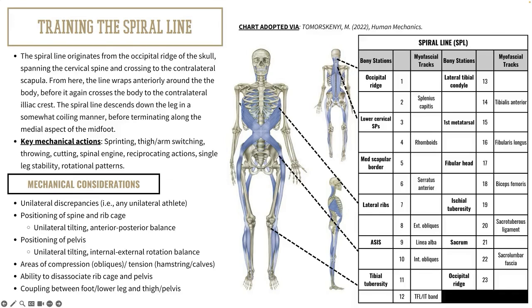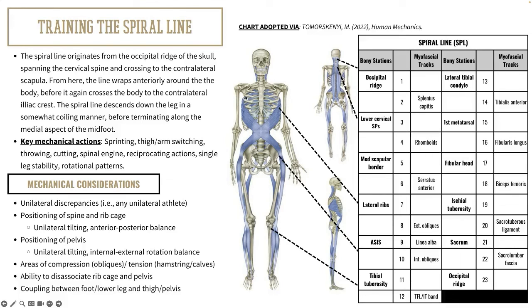So again, where the first 3 primary fascial lines all have insertional points on the humerus, the spiral line inserts at that occipital ridge on the back side of the skull. From here on the right side, we descend down through the neck extensors, through the traps and the rhomboids, coming around the medial border of the scapula and wrapping under through that posterior inferior aspect of the scapula through the oblique and the serratus complex.